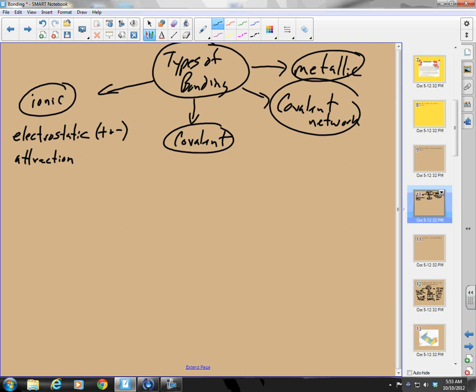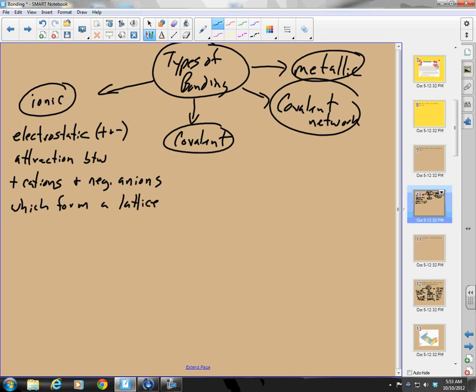An electrostatic attraction between positive cations, that's a little redundant since cations mean positive, between positive cations and negative anions, which form a lattice.